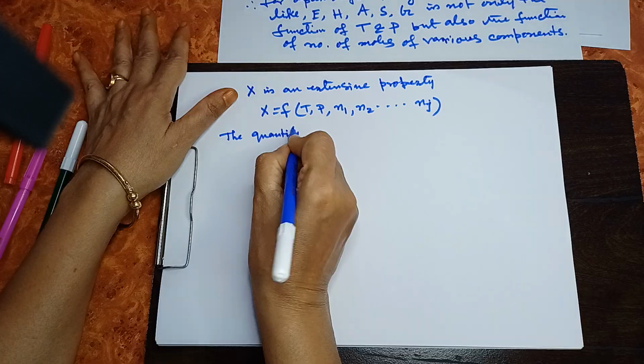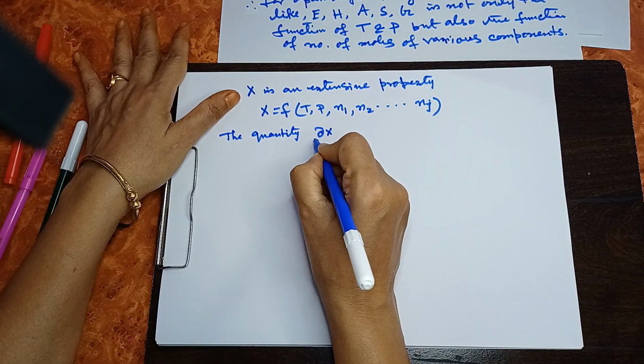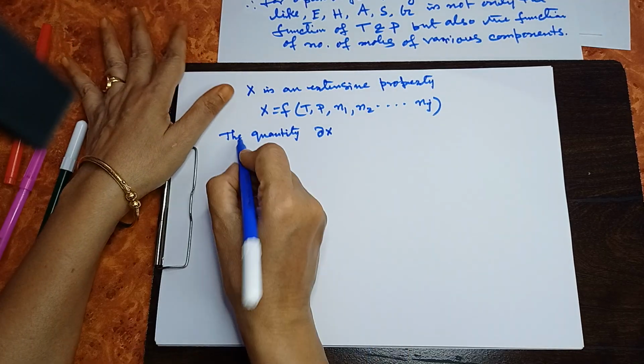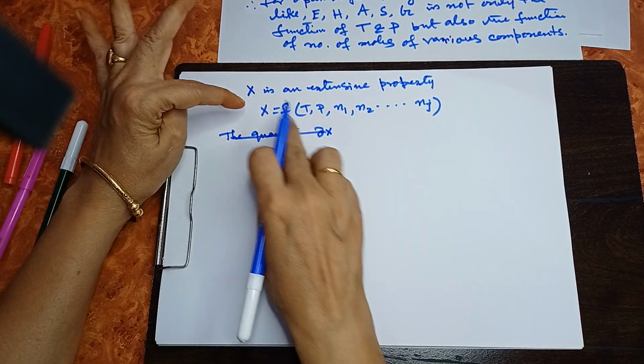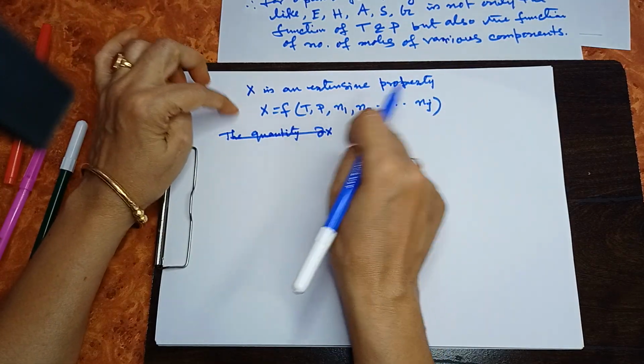So X is an extensive property which is a function of these things.